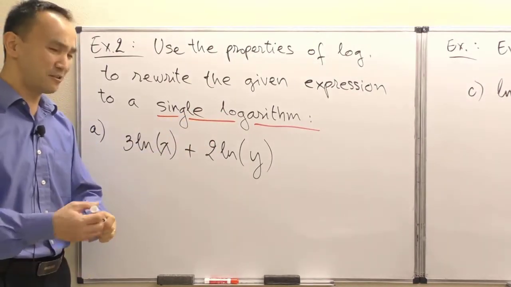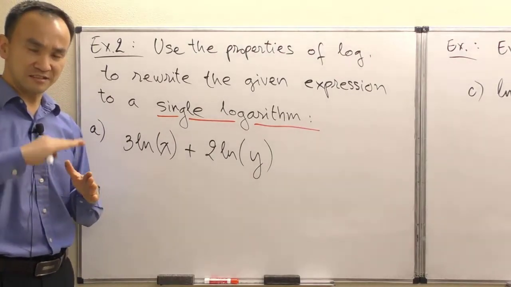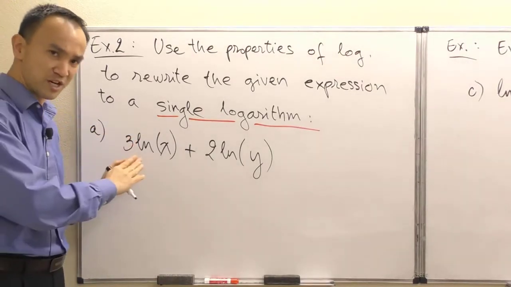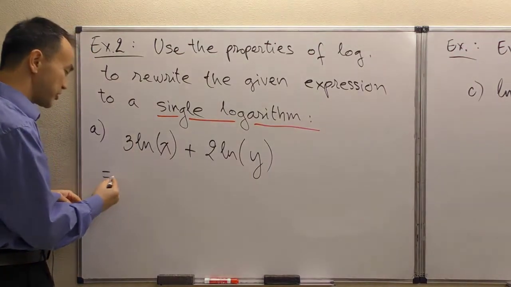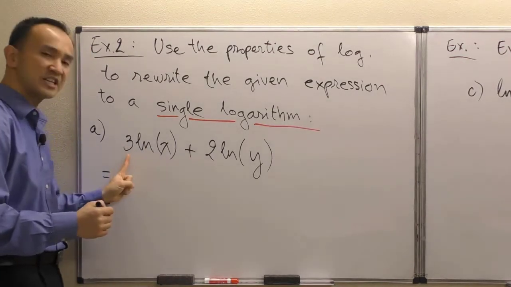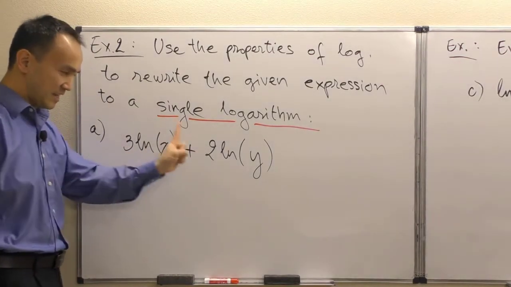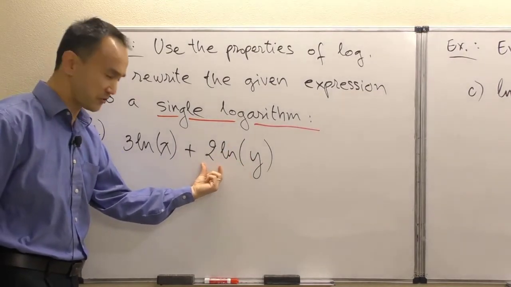All right, so now allow me to introduce the standard step-by-step work in this problem right here. First of all, on each term I see there's a coefficient, like for example in this first term I see that coefficient 3. And then in the next term I also see another coefficient.